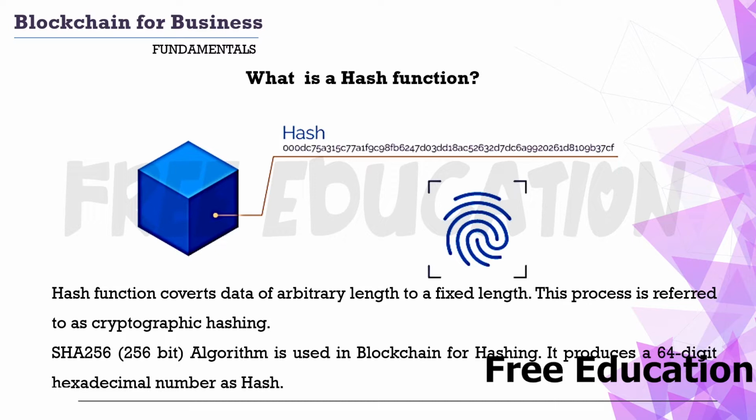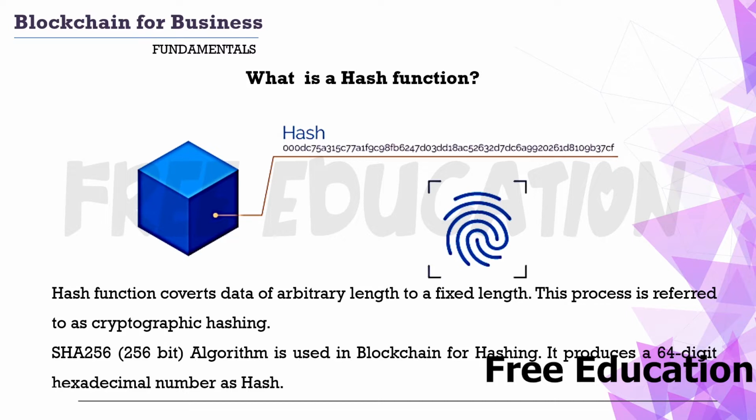Now let's get to the next part. We saw that a block contains data, a hash, and also the hash of the previous block. Now what is a hash? A hash function converts data of arbitrary length, in the sense any type of data, to a fixed length. This process is referred to as cryptographic hashing. As you may see in the picture, you will have a long string of hexadecimal data, and this could be the outcome of a simple name.